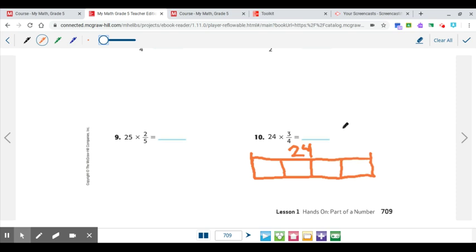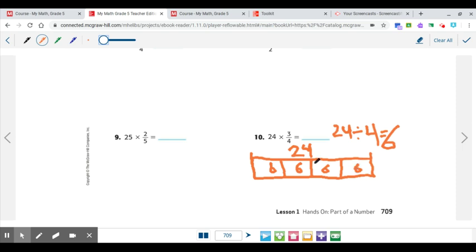But gosh, if I have the number 24 and I'm going to divide it into 4s, I don't know how much each of those little pieces is going to be worth, so all I have to do is a division problem to get to that point. So 24 divided by 4, hey, 4 times 6 is 24, so that means this one's worth 6, this is worth 6, this is worth 6, and this is worth 6.